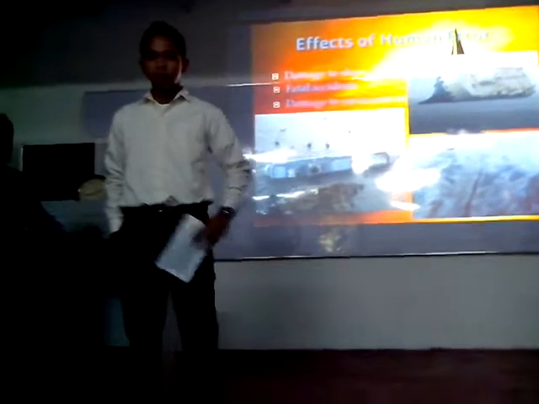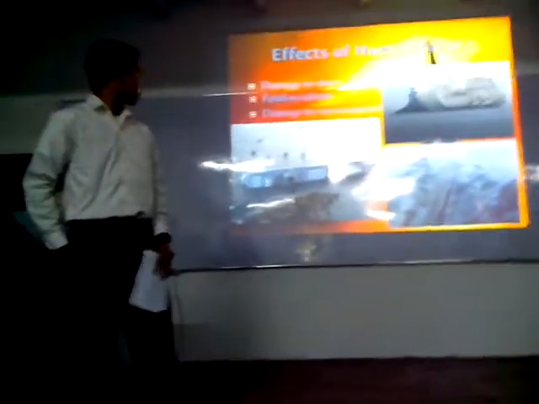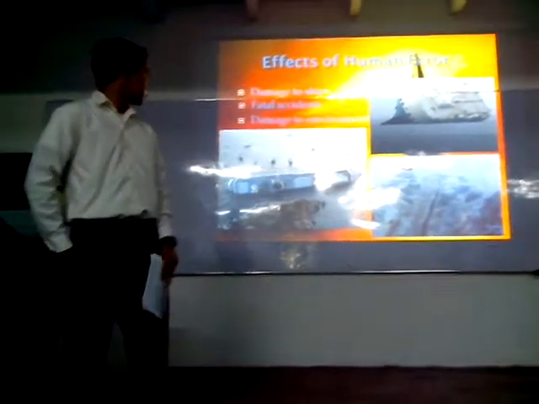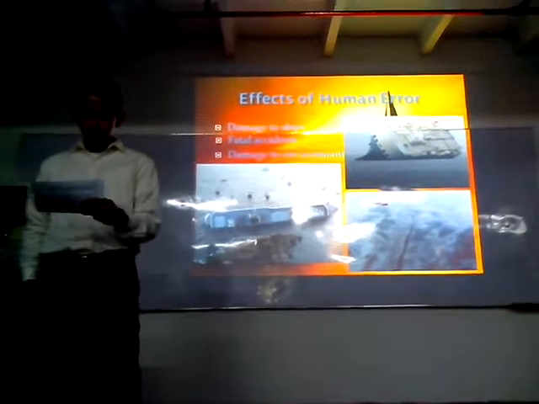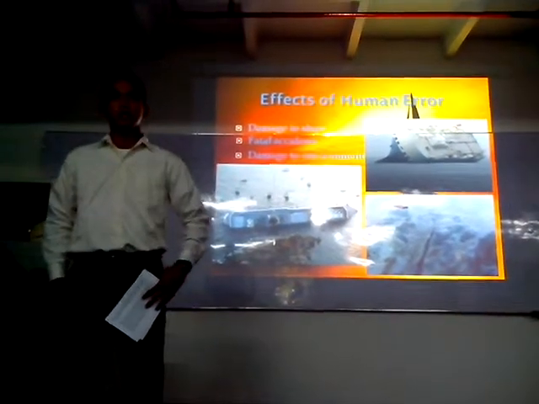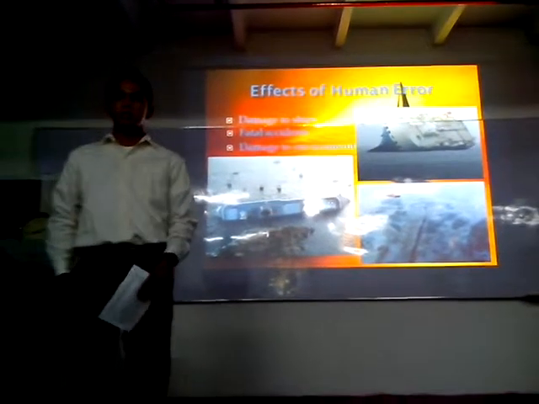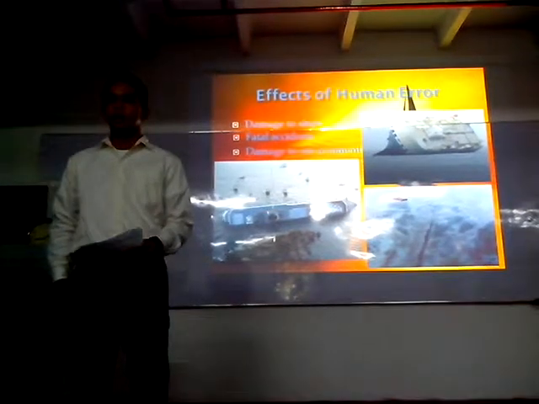Effects of human error. Human error leads to collisions, damage to ships, fatal accidents, and damage to the environment. Human error can lead to collision with another ship and grounding. These cases will cause heavy damage to the ship, and it will also cost a lot of money.